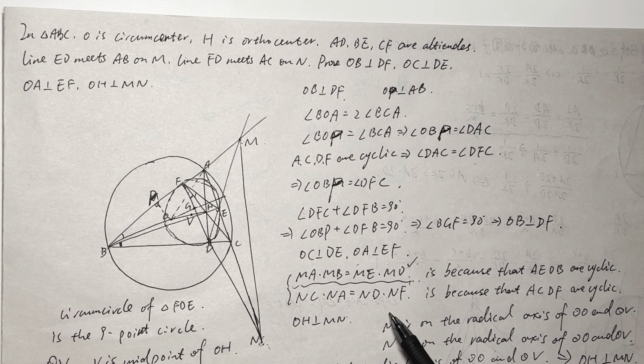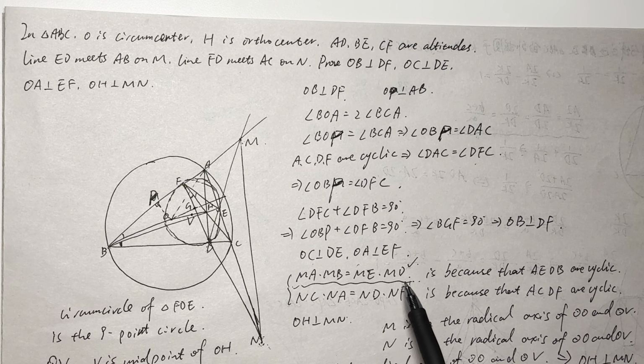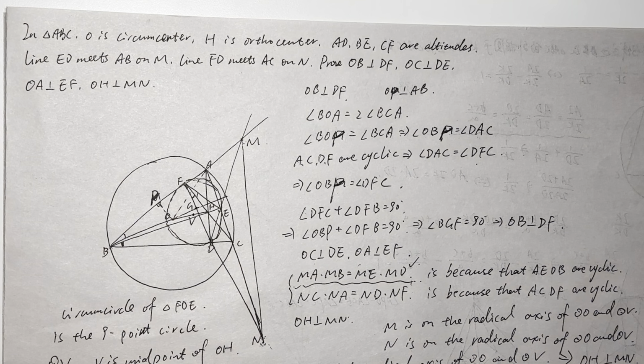And it's very straightforward once we find that DEF are on this circle, then it's a 9-point circle. And for the 9-point circle, we already learned a lot, especially that V is the midpoint of OH and V is the center of the 9-point circle. So everything becomes straightforward then, right?